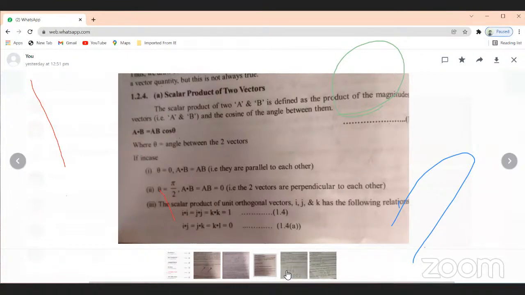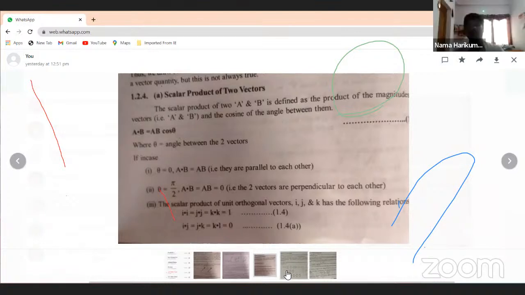Last week. Is it completed? Has it completed?